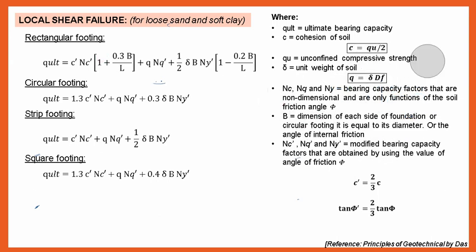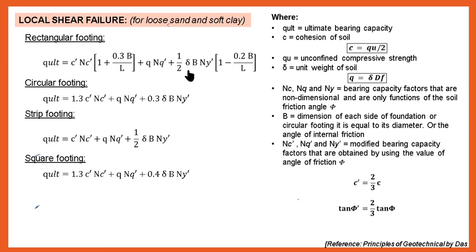Okay, so we also have here the local shear failure. This is for loose sand and soft clay. Unless specified in the problem, gagamitin natin yung general shear equation. Unless specified na gamitin ninyo yung local shear failure. Okay?